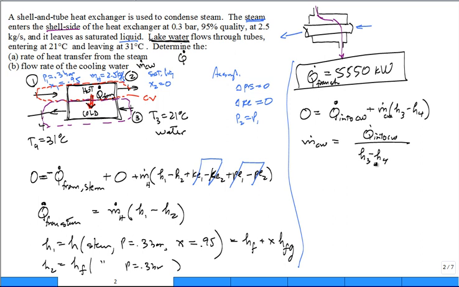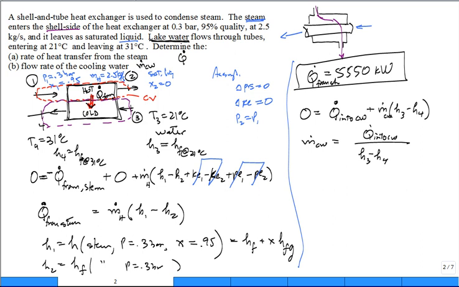of the cooling water. Now that change in enthalpy of the cooling water you can do two ways. You can just look up H3 approximated as H of F at 21 degrees C, saturated liquid at 21. Agree? And then H of 4 is H of F at 31 degrees C. That'll be good, right?